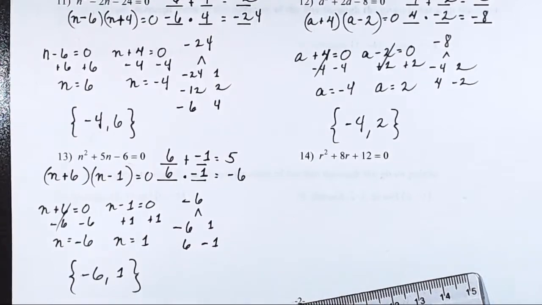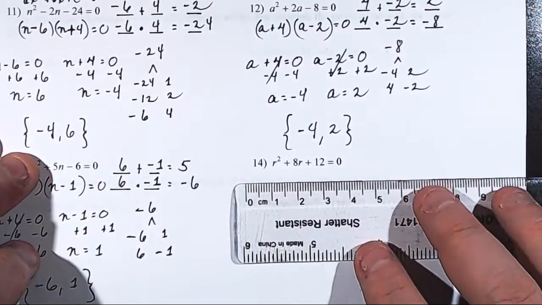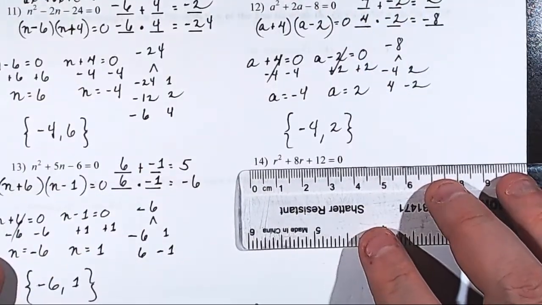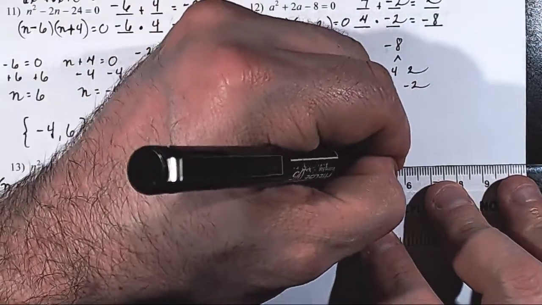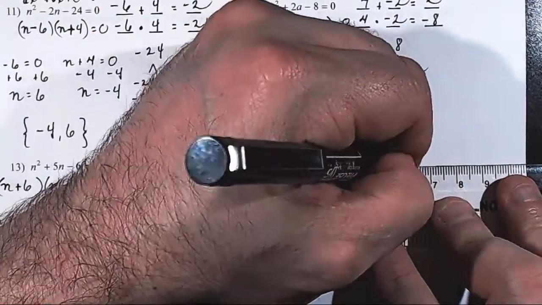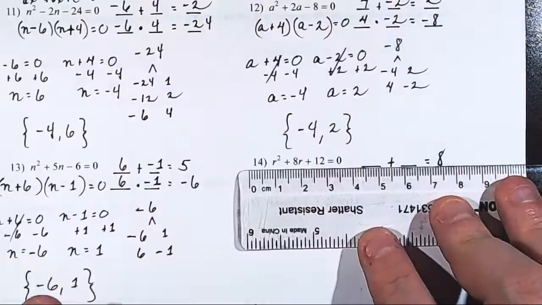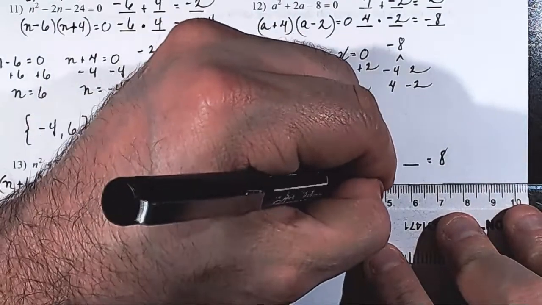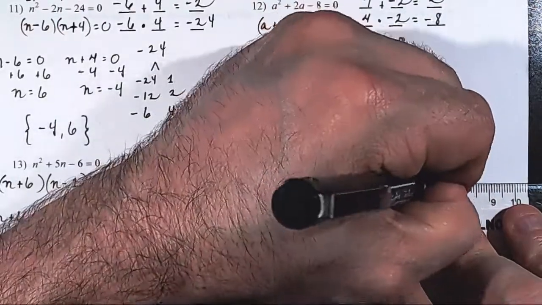Just like that. Finally, r squared plus 8r plus 12 equals 0. It's a standard form quadratic with a leading coefficient of 1. We need to find two numbers that add to be the middle term, which is positive 8, and multiply to be the last term, which is positive 12.